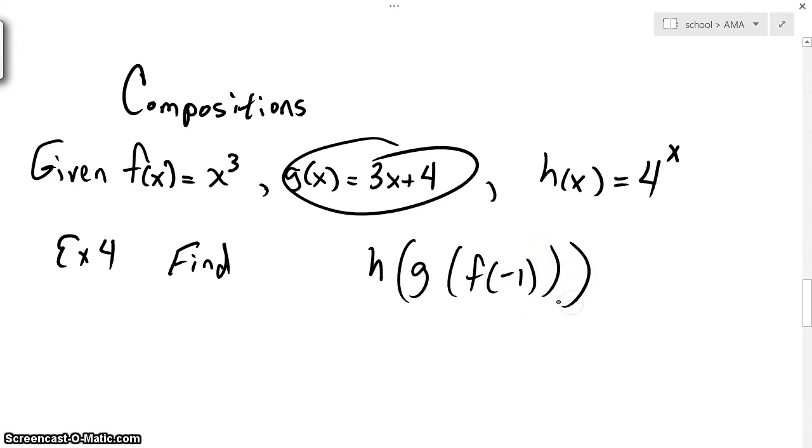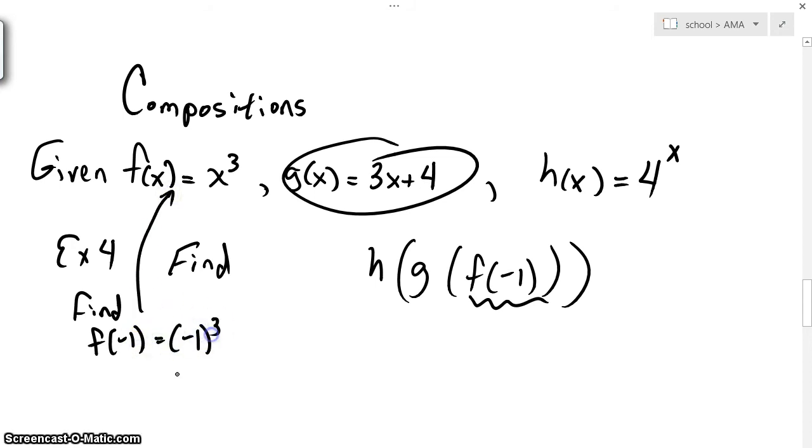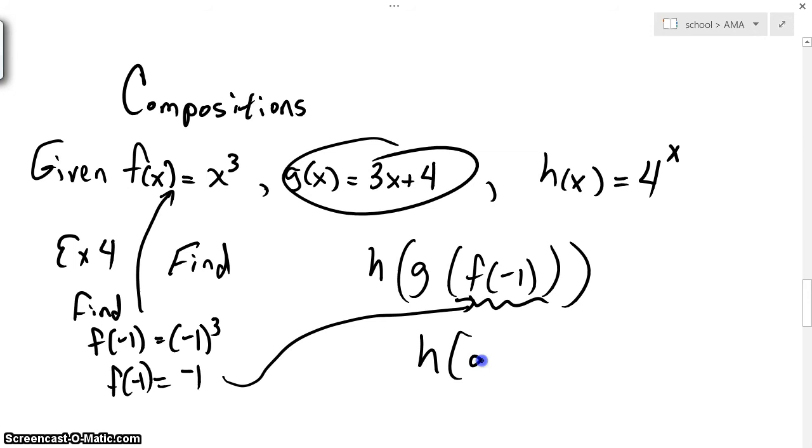My goodness, look at that, a threefold composition. The first thing we're going to have to do is find f of -1. F of -1, just coming up here, that's going to be -1 to the third. -1 to the third is simply -1. And that means that this would become h of g of -1.